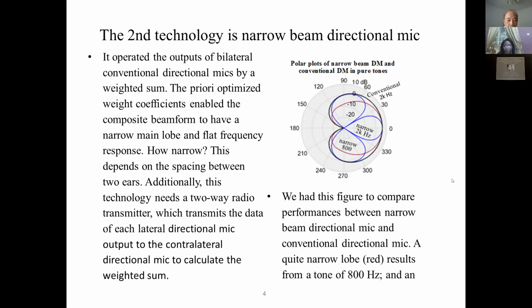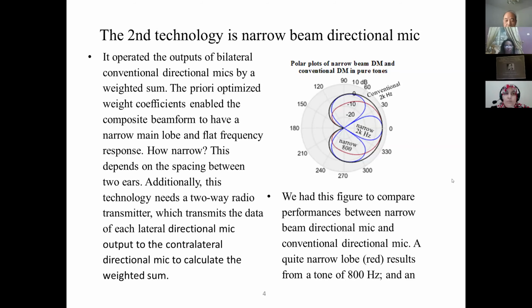Additionally, this technology needs a two-way radio transmitter, which transmits the data of each lateral directional mic output to the contralateral directional mic to calculate the weighted sum. We have this figure you see here to compare performance between the narrow beam directional mic and the conventional directional mic.